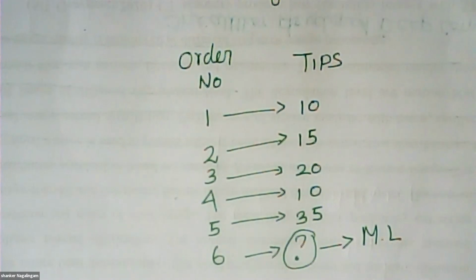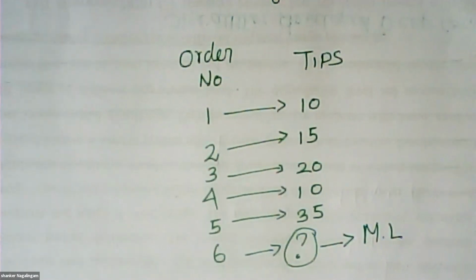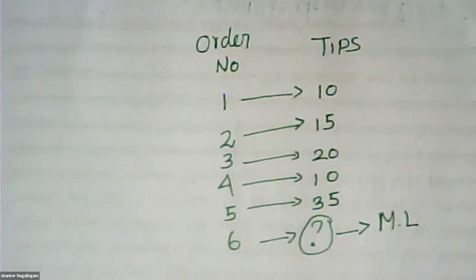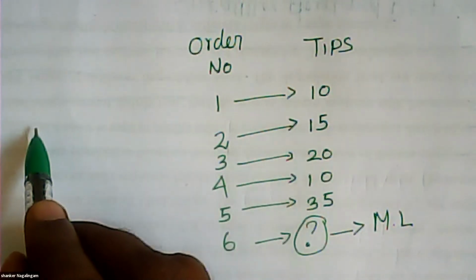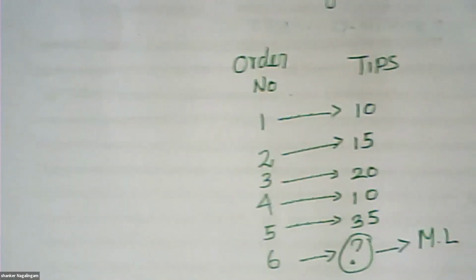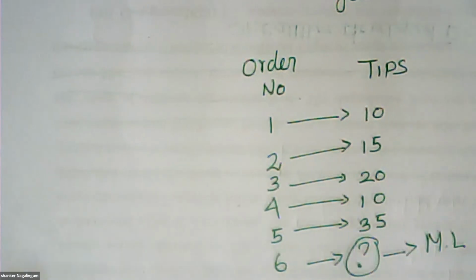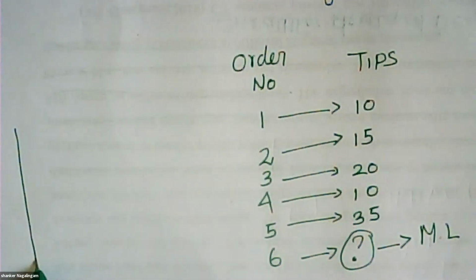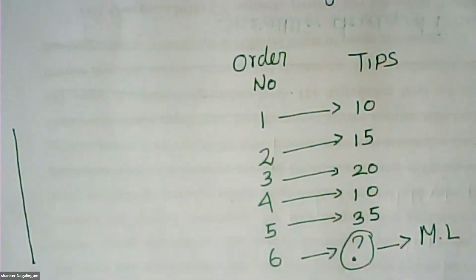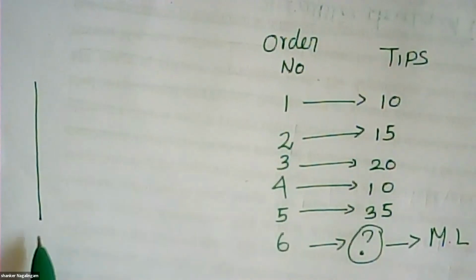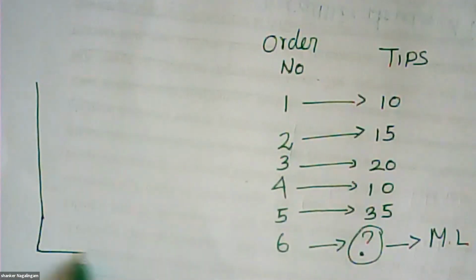Of course, when you talk about machine learning, how can we do this? Before going into this, I'm going to plot this in the form of a pictorial representation, as a plot diagram. I'll make it in a bigger size so that it will be convenient to understand, because you have to see the table as well as the order number.